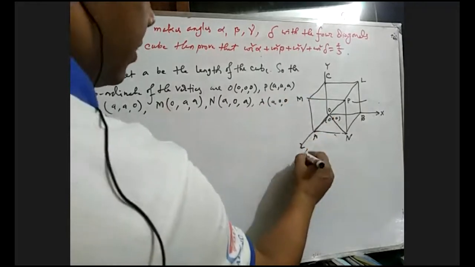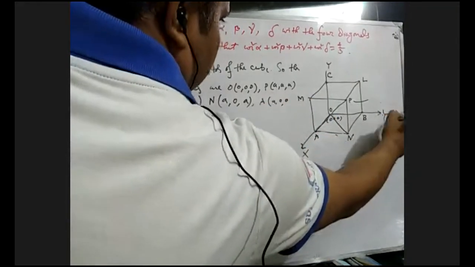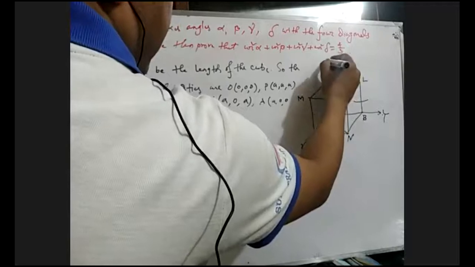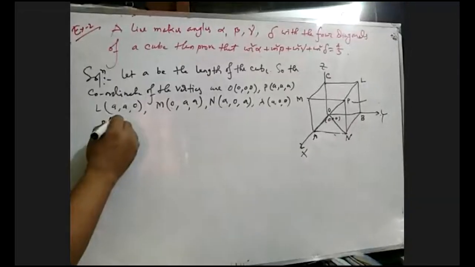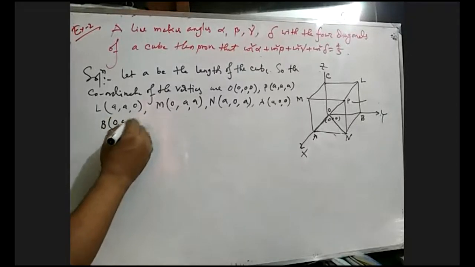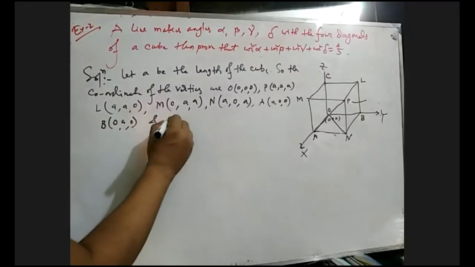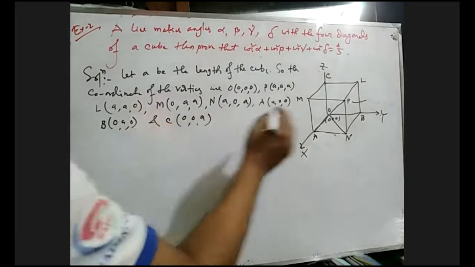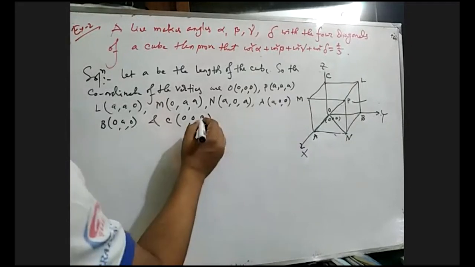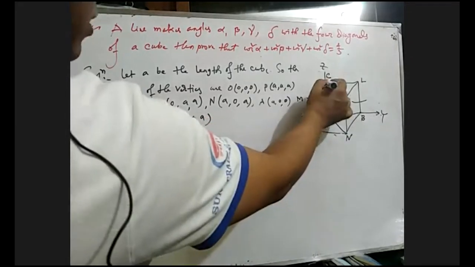If this is the x axis, this is the y axis, and this is the z axis, then A will be a 0 0, B will be 0 a 0, and C will be what? 0 0 a. Okay, z axis length only, x axis length and y axis length here are 0.